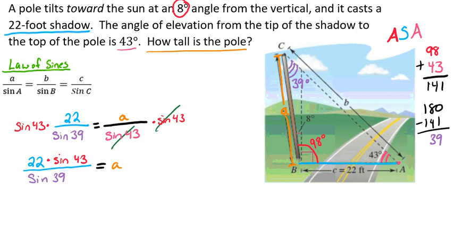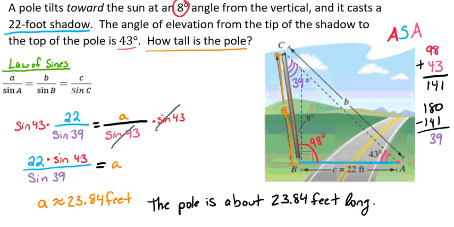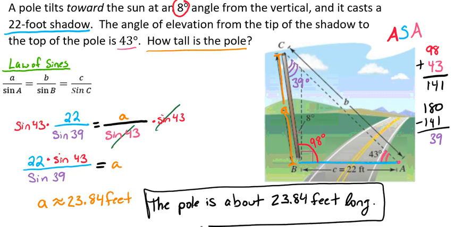That leaves us with 22 times the sine of 43, all divided by the sine of 39, equals A. Plugging that into our calculator, A is approximately 23.84 feet. So now we know how tall the pole is. The pole is about 23.84 feet long, and that's our solution. We're done.